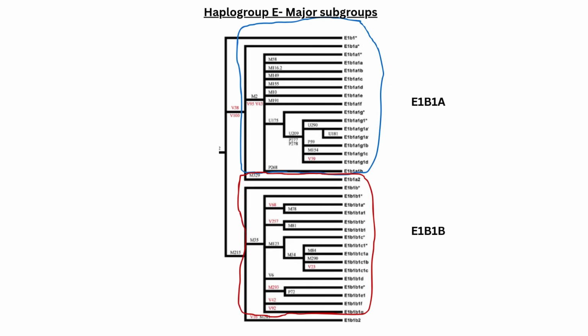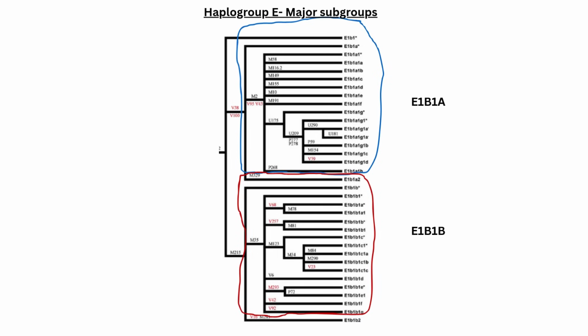When I say major, I mean most of the population that are of haplogroup E are of one of these two major subgroups. E1B1A is also referred to as EM2. You can see the M2 symbol, that line going across that then branches out into multiple different groups. The terms EM2 and E1B1A are used interchangeably.